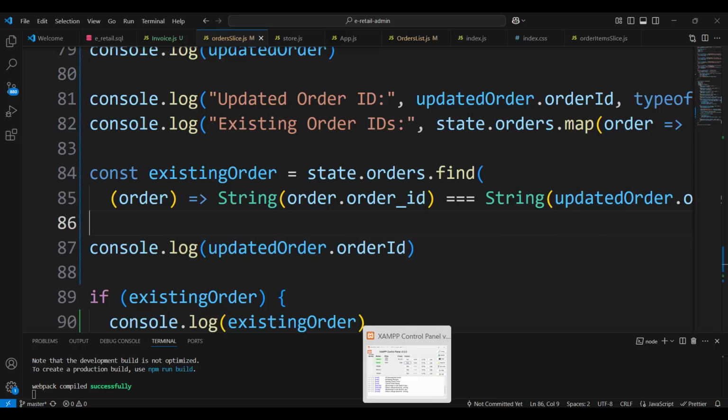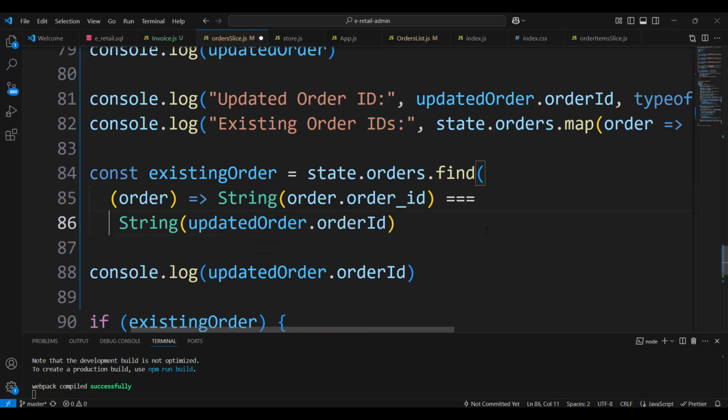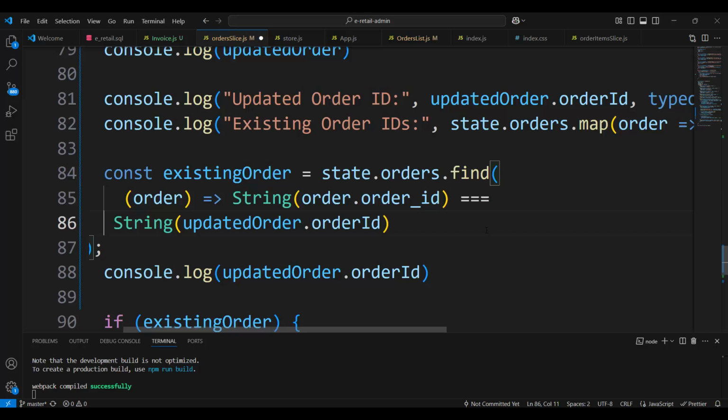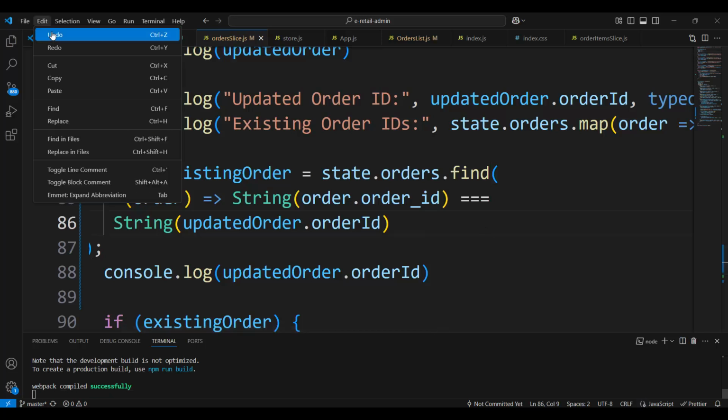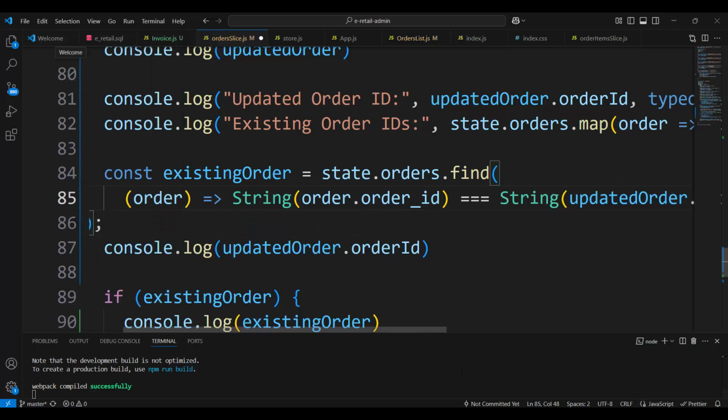JavaScript has dynamic typing, and if we have two equal signs here, some side would be coerced to be a number or a string, and we have a solution.